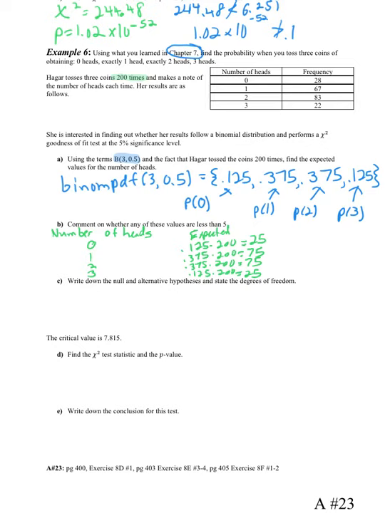And then I need to write down my null hypothesis and my alternative hypothesis. My null hypothesis for this problem, given all this information, is the number of heads will follow binomial distribution.